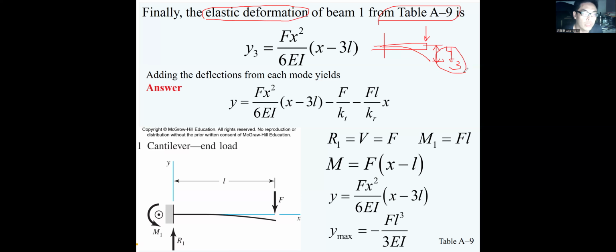So right now we have three parts, three deflections: the rotational, the translational, and the elastic. For y3, you can check any table for the cantilever beam; it's not quite difficult. One is the elastic. The Kt is the translational, meaning the left end will move vertically, and the Kr is the rotational.